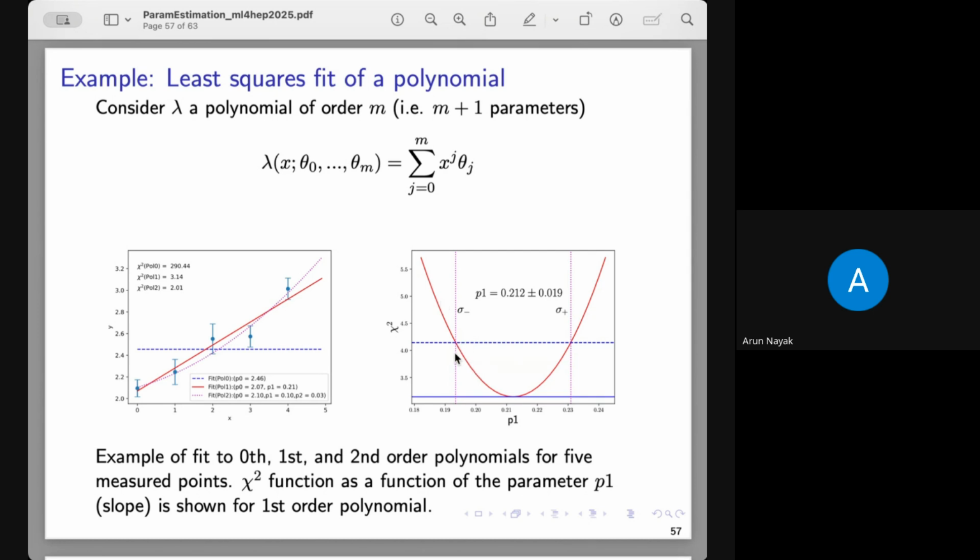The value of the parameter where the chi-square increases from its minimum value by 1 gives the 1 sigma, or 1 standard deviation error. So that corresponds, in this case, to this number value here. Okay.